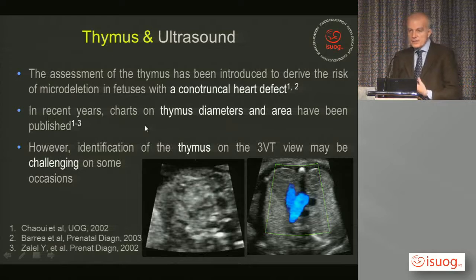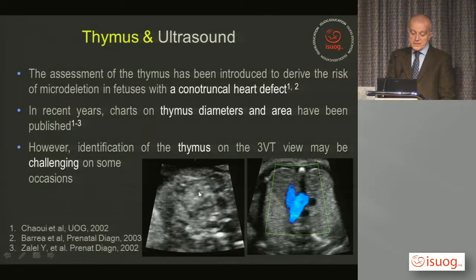However, and this we come to the paper that we published from our group, the identification of the thymic area within the upper mediastinum is not always straightforward, because in some conditions, due to an awkward fetal position, or an increased body mass index, or a distortion of the upper mediastinum anatomy due to a conotruncal malformation, it is not easy.